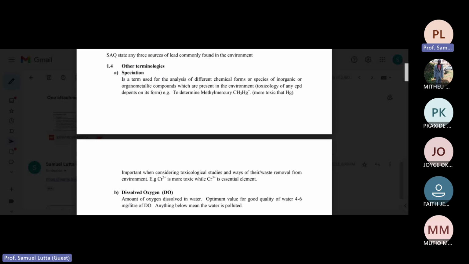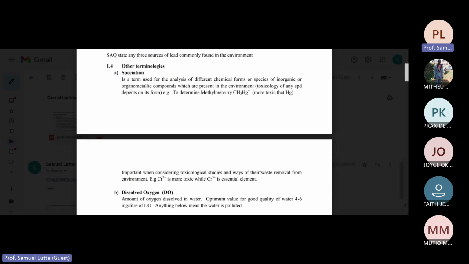And why are we interested in the form, or what we call speciation? Because the speciation will determine the chemistry. The speciation will determine whether these ions will move. The speciation will determine whether they'll be soluble in water, will affect solubility, mobility, and solubility and mobility will also determine if they'll be able to get into our bodies. So if they are more soluble, then it means they are more toxic because they can easily get into water.